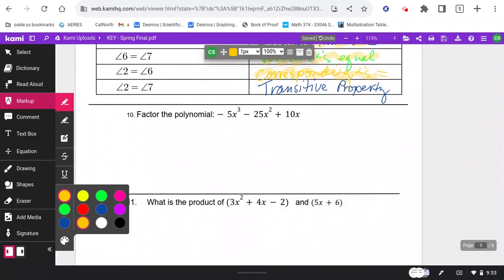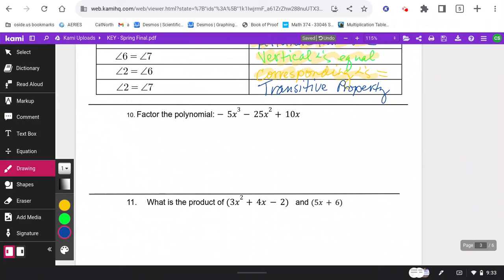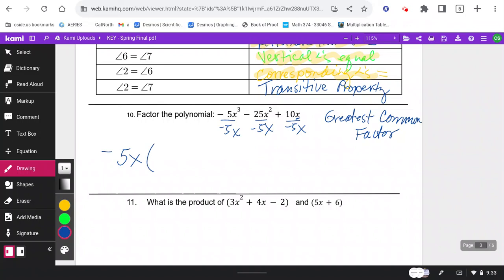All right, factoring a polynomial with a greatest common factor. Do you see it? A -5 can come out, and an x can come out of everything. So if a -5 divides out of the front, we're left with x squared.